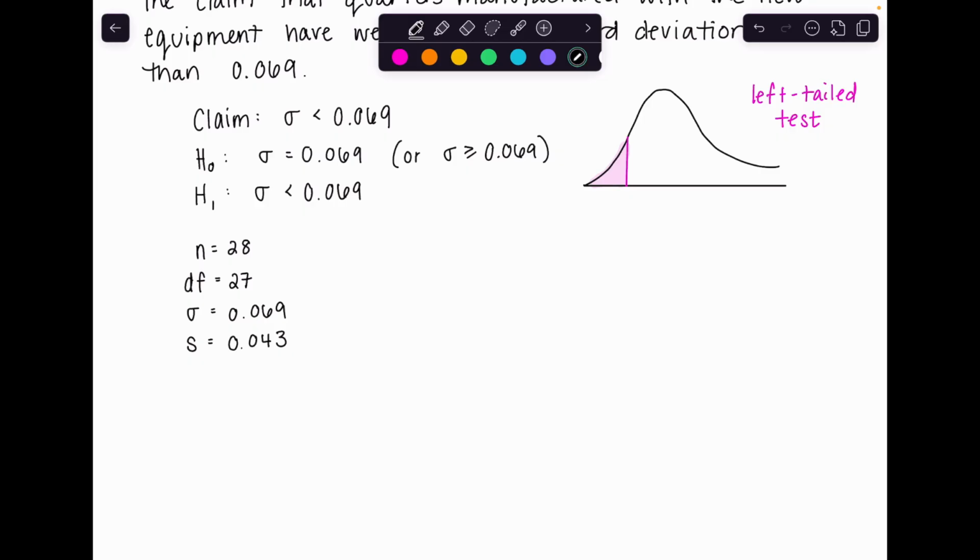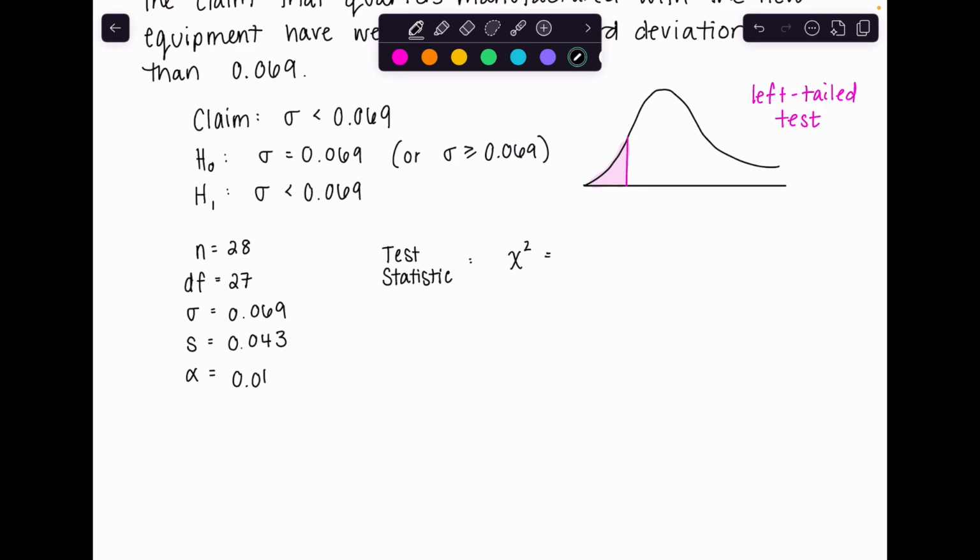So we want to test, is this significant? And the level we're working with is 1%. So again, I definitely need to find that test statistic first, and then we'll find that critical region.